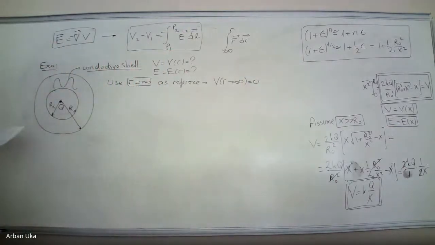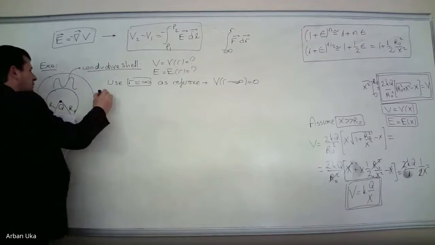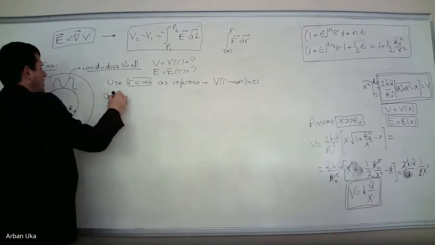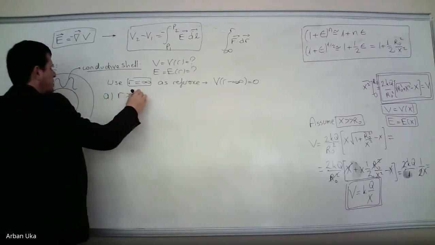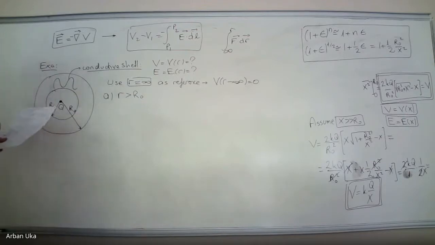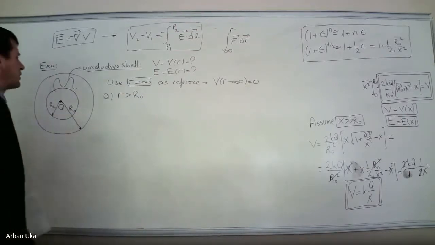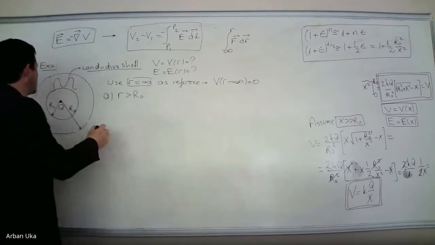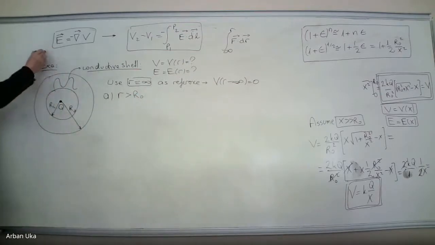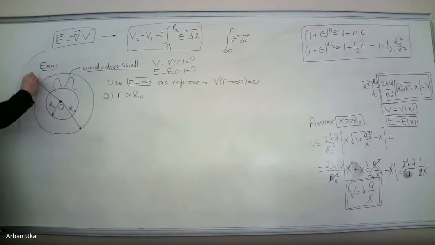So that's how we can write it. So initially, let's consider when R is larger than R0. In this case, we can draw a Gaussian surface, and the Gaussian surface will be what? The Gaussian surface will be somewhere here.